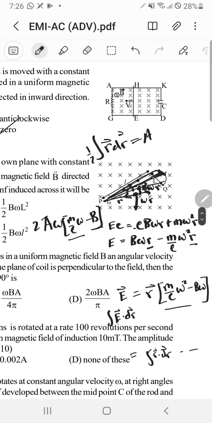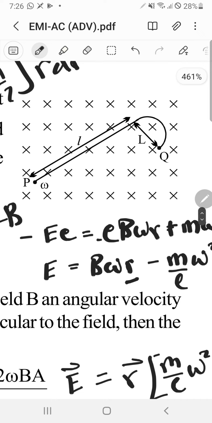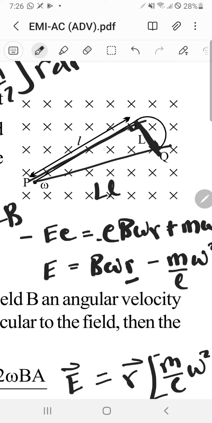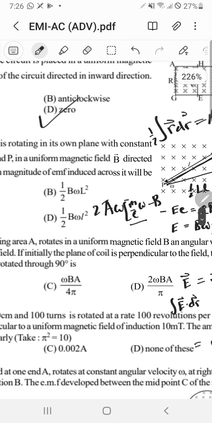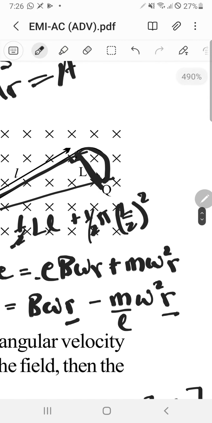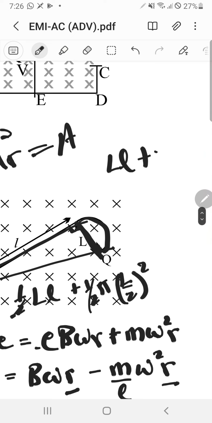It's 2 times the area, and the area over here is a J shape with right angles, so it's just this length times that length. This is L, that is L, so it's L times L, then half of that. And then you get plus half of pi r squared, and that's L by 2 squared. All right, cool. But 2 times all that stuff, this is gone. So you get L L plus pi L squared by 4.